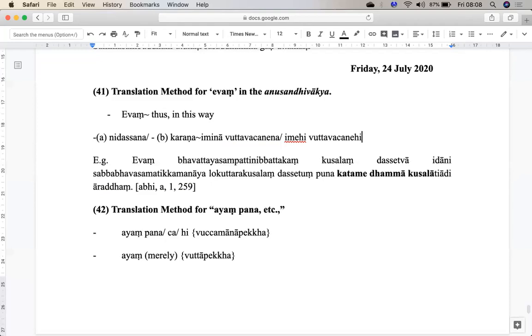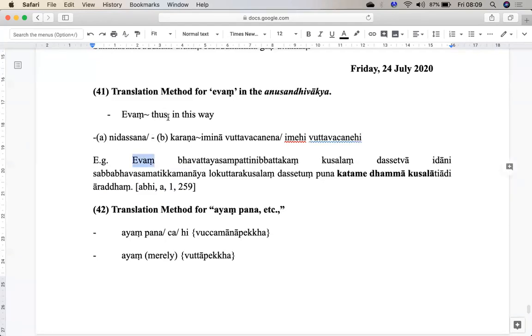In this way it simply expresses vuttavacana; maybe the other way is iminā vuttappakārena or ime vuttappakārā, or in other words. But we can understand that it refers to the former expression. So in this way, two ways we can understand evaṃ.